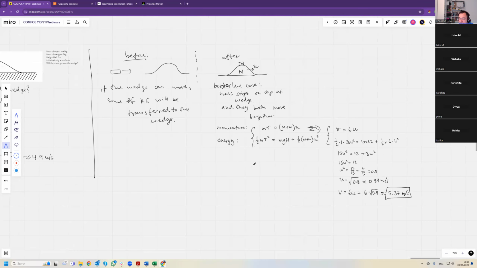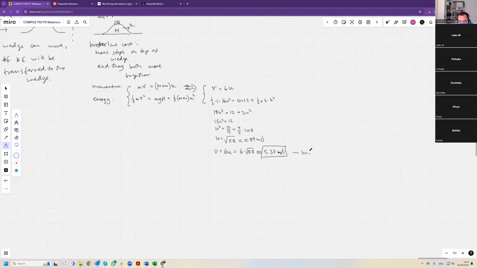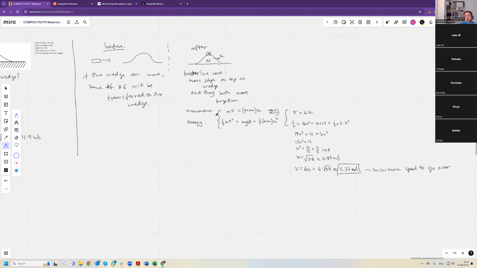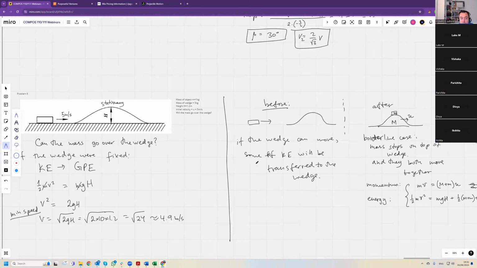It will go on top and then slide back. The wedge will carry on moving. That's the minimum speed to go over. Since our speed is less than the minimum, we can solve it just like a normal collision.